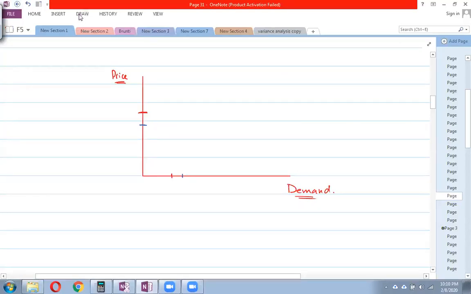What will happen if you further reduce the price? If you further reduce the price, the demand will further increase. If you further reduce the price, demand will further increase, right? So by reducing the price, demand is changing.